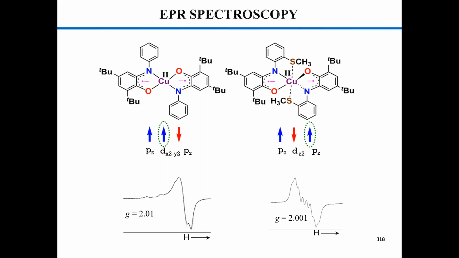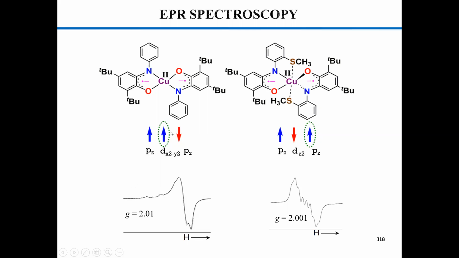That could be understood very easily, based on the location of the unpaired electron on the copper center, and we have been noticing over here, this is Z out configuration, but this is Z in configuration. So we know in which orbital the unpaired electron is located, and accordingly, since the ligand electron is at the pz level, this coupling is not possible.